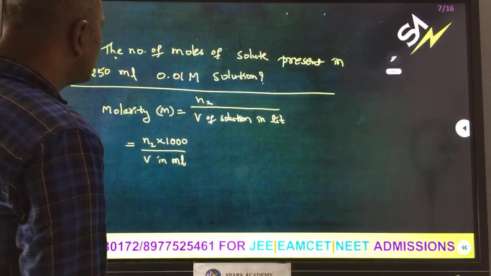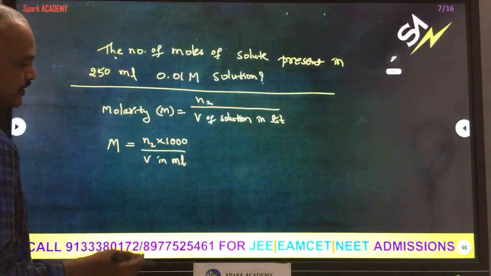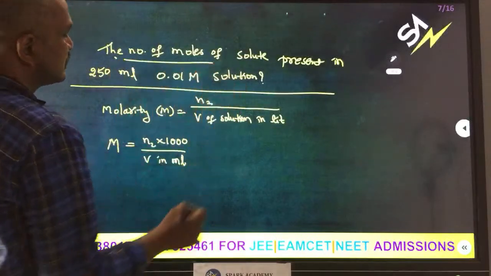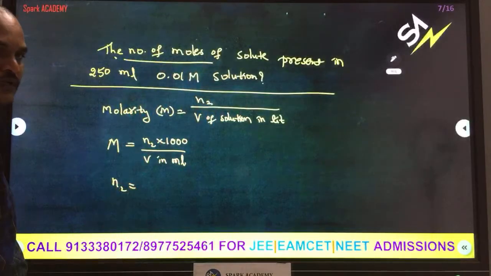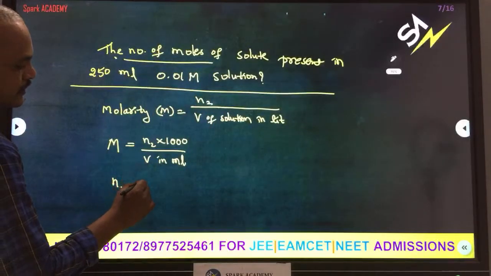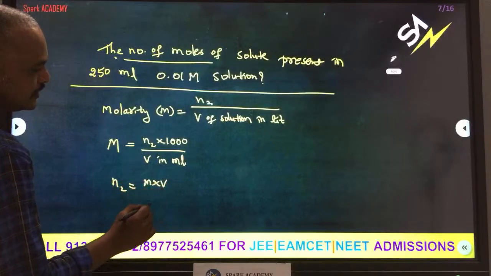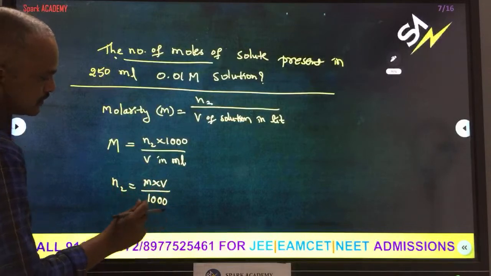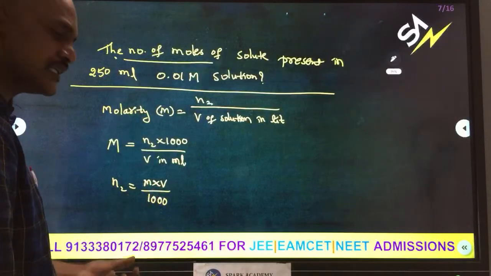Understood? Now what we need here, N2, the number of moles, is only asked here. So N2 equals M into V by 1000. This V I am not writing again in milliliters because the 1000 already means it is in milliliters.